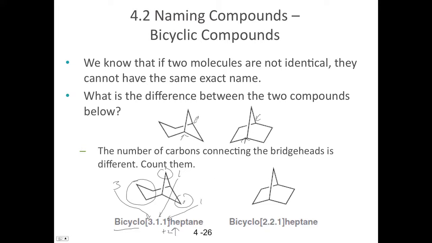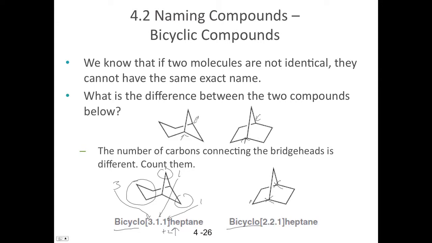So let's go about the entire way to name these things. How to name these things is you first start by writing bicyclo. Check, we got that. All right. Then over here, we start counting the carbons all around these bridgehead carbons, but we don't count the bridgehead carbons. We don't count them. Those are left out. All right.